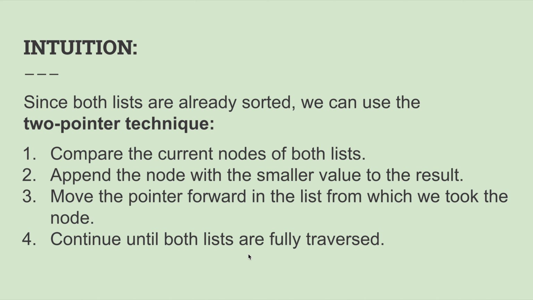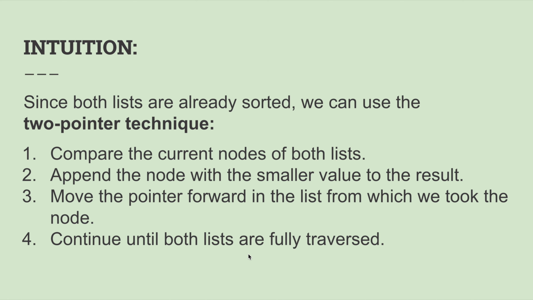If we are merging two sorted arrays, we will compare the smallest element at the front and keep appending the smaller one to our result, right? This is a great case for using the two pointer technique, one pointer for each list, okay?